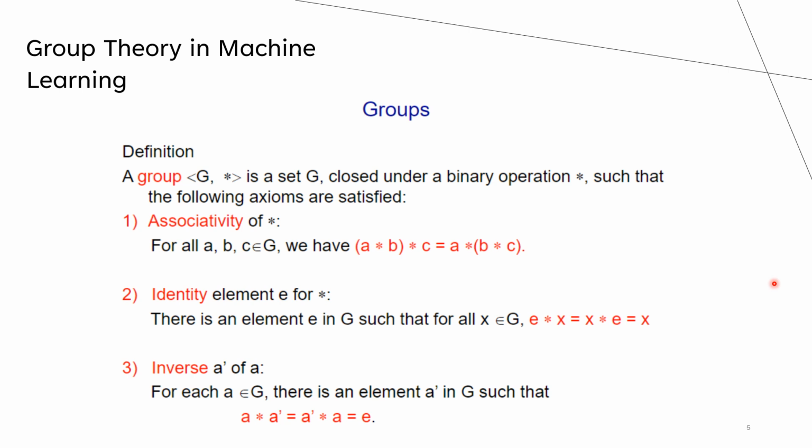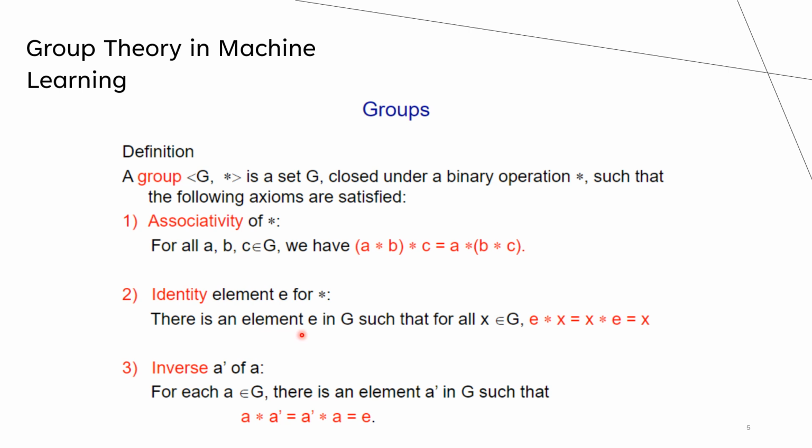And we have the condition of associativity of this multiplication operation. For all A, B, C as a member of G, we have that (A times B) times C equals A times (B times C). And we have the identity element E for multiplication.